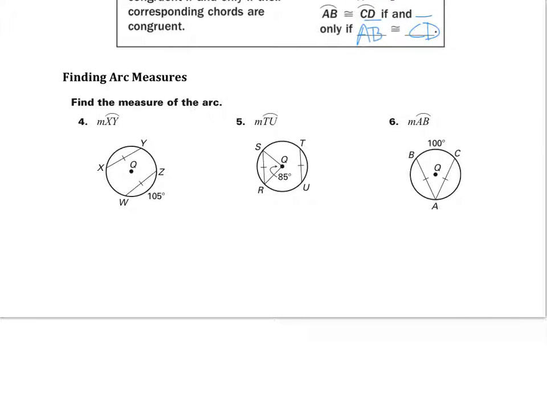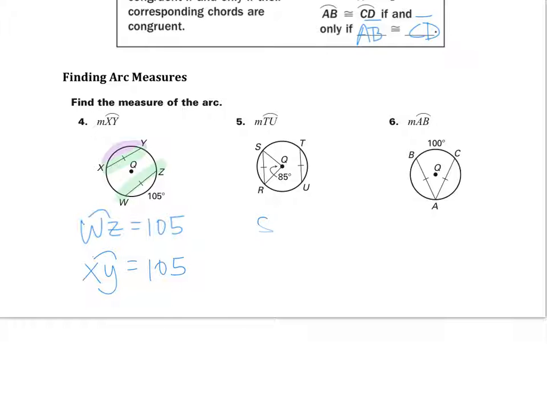So, some examples. Find the measure of arc XY. So I look and see I do have congruent chords, and arc XY equals 105. In number 5, see that I have the central angle SQR.